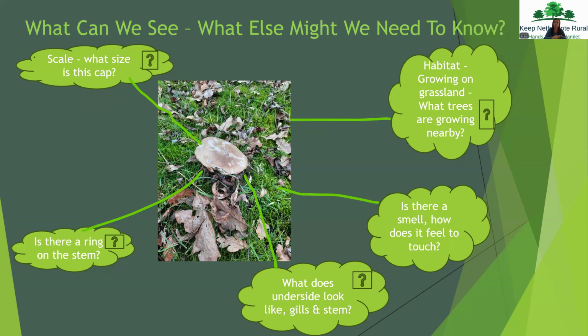You can photograph as much as possible, but if you look at some field guides or some online keys that show the main features of a species, this will give you some indication. But as I say, there's no substitute for having a go and learning as you go along.